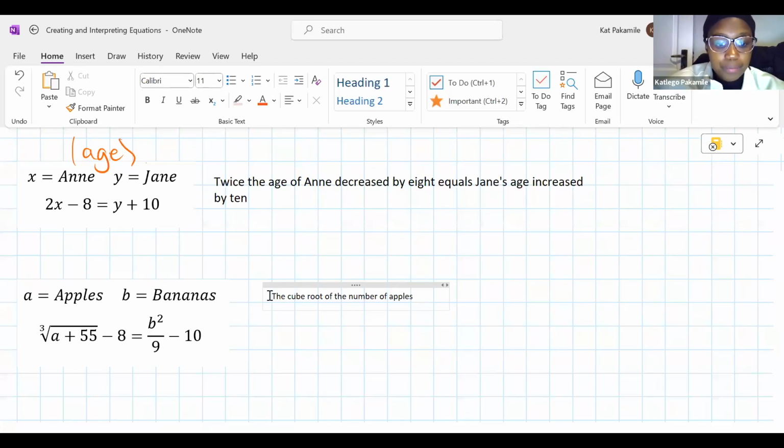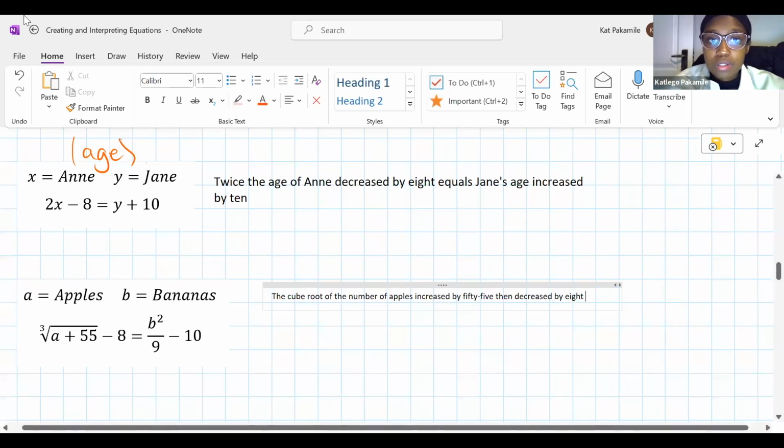Increased by 55. Then decreased by 8. Then we say equals to. Avoid using equals.